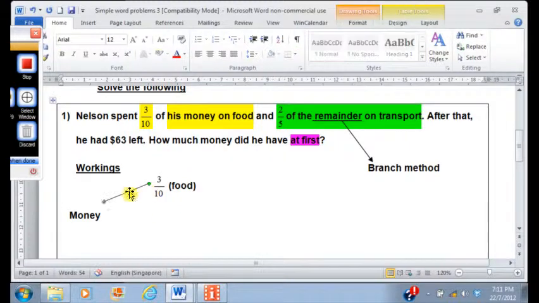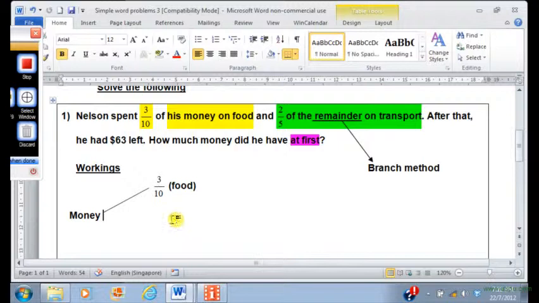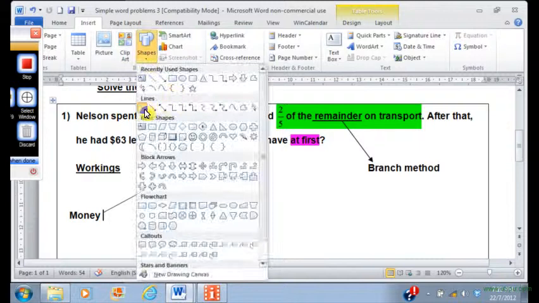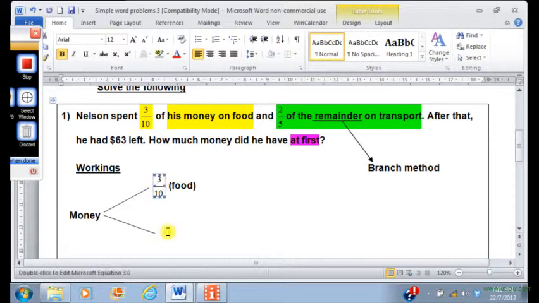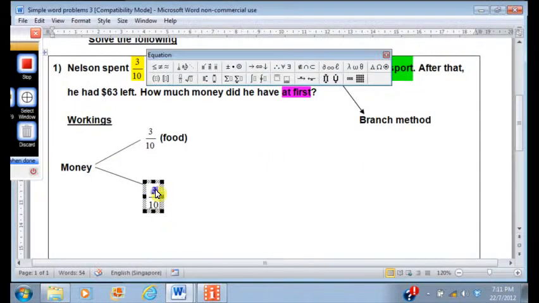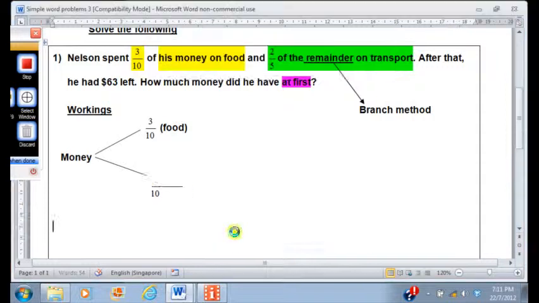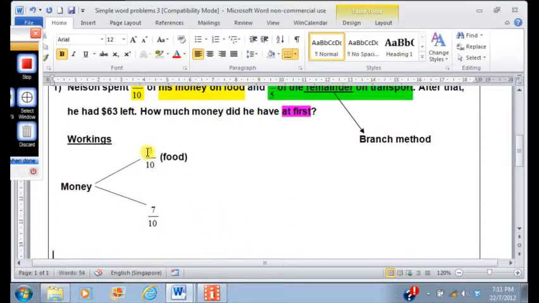This branch method is a good method because you branch from the money. What's so good about it? The branch method lets you check your work, because at every point of the branch you must always add up to one whole.